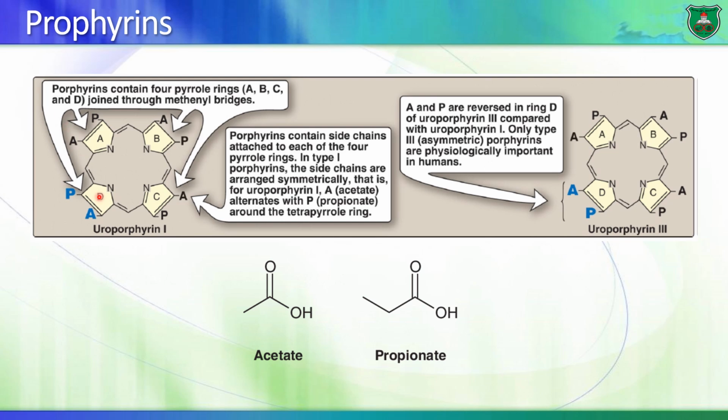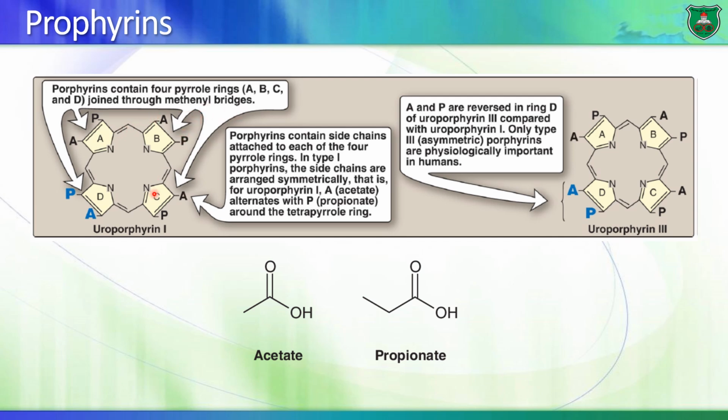So heme and its intermediates are known as porphyrins, and these porphyrins are all made of these 4 pyrrole rings and different substituents. The pyrrole rings are connected to each other via methenyl bridges.